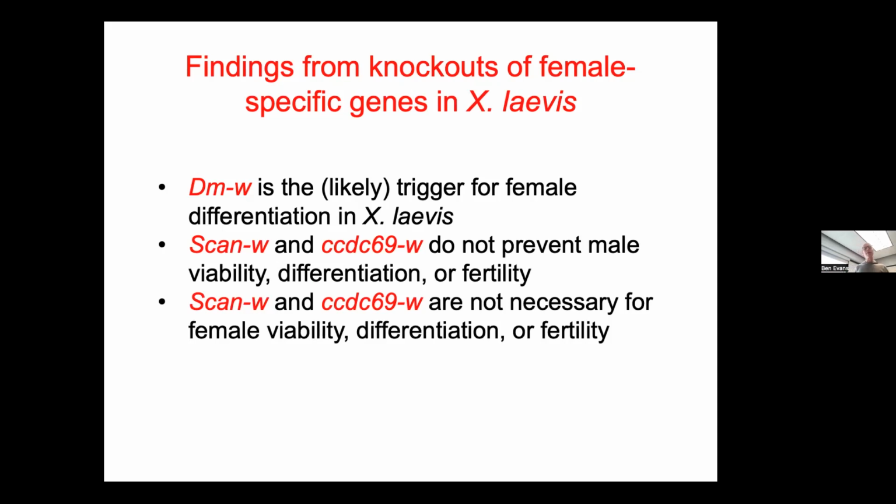And so this tells us about how the functions of different female-specific genes vary, not only in what they do, but also whether they are necessary for female viability, differentiation, or fertility. We see one gene is, but two of them that are still female-specific are not.